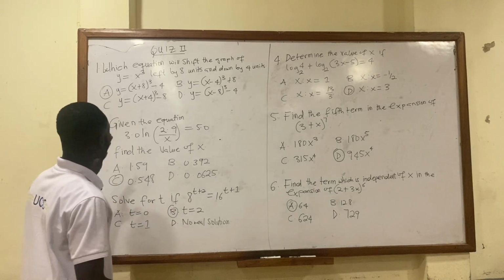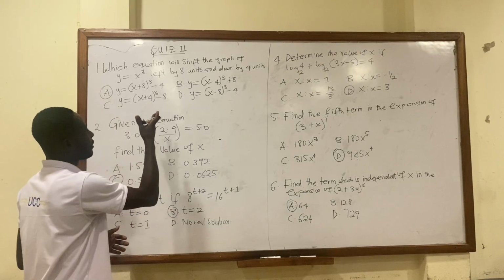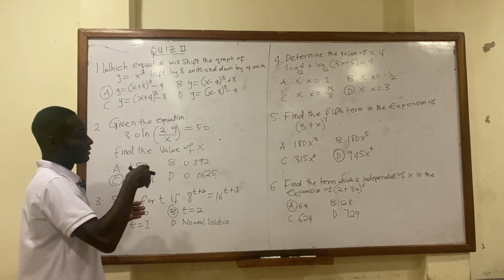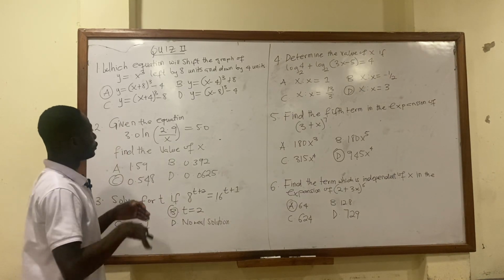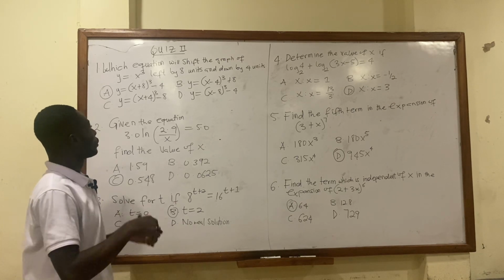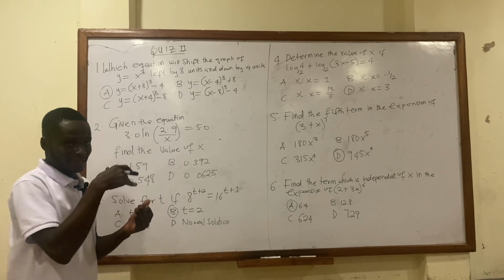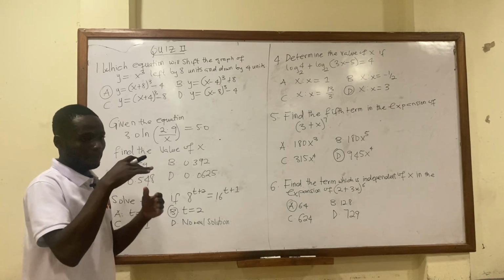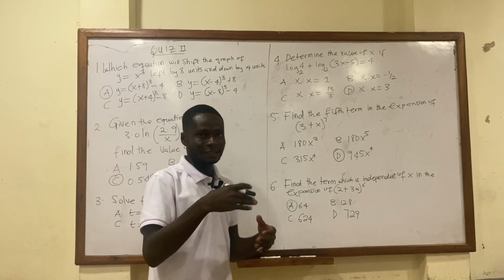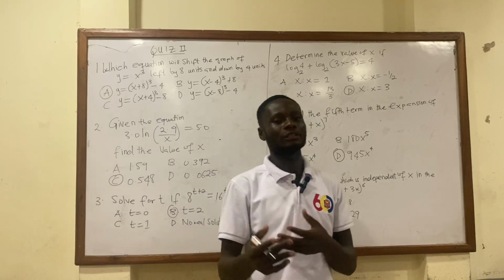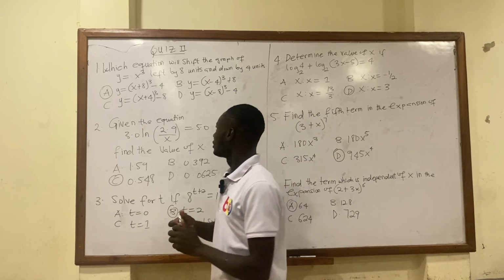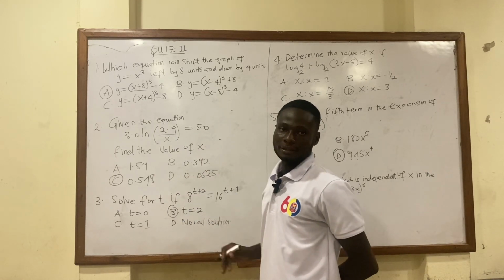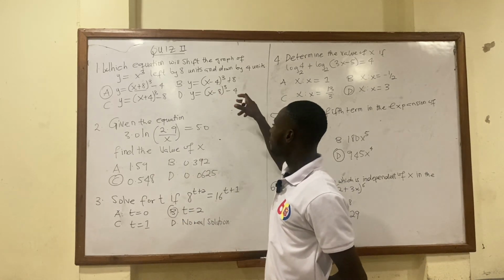If you are asked this question, all you have to do is that if you shift the graph left by 8 units, you add. So it will be x plus 8, all power 3, and then they said down by 4 units.